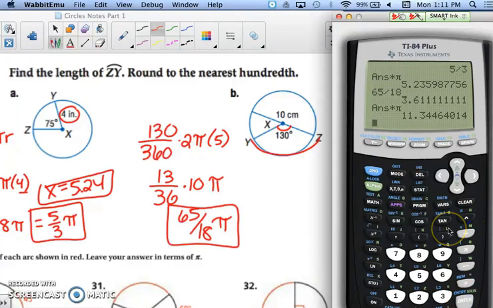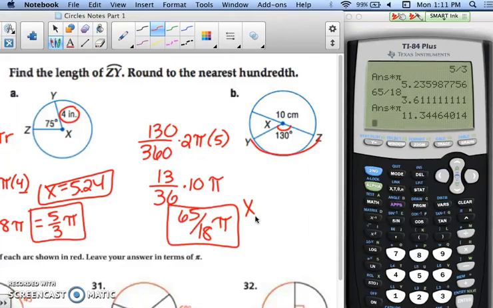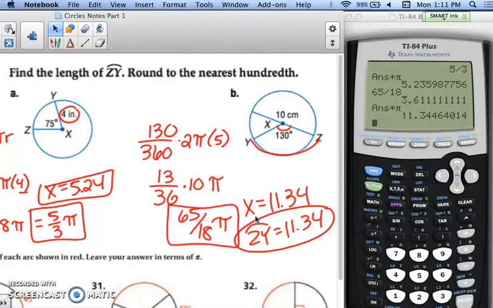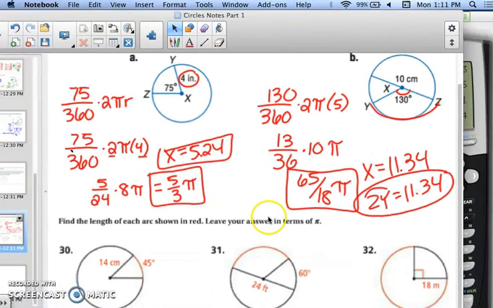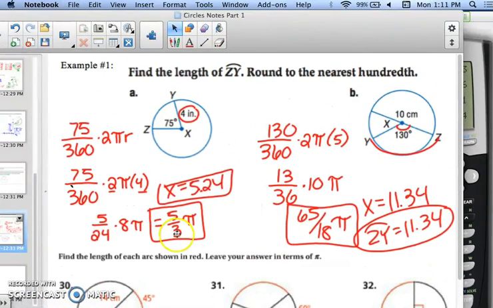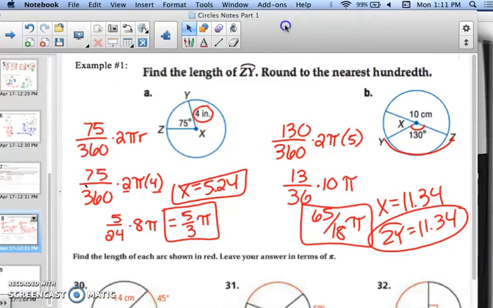So my final answer would be 11.34. So the measure of ZY would be 11.34. That is how you find the measure of an arc length. When you round it to the nearest hundredth, you would type in pi. When it wants you to leave your answer in terms of pi, you would not type pi in.